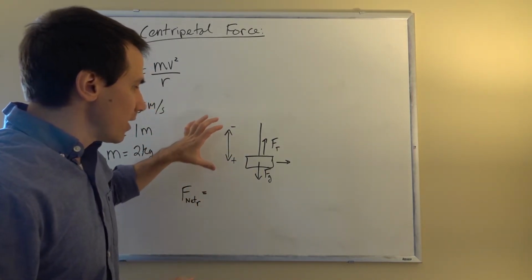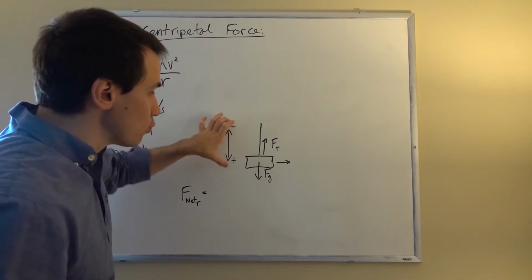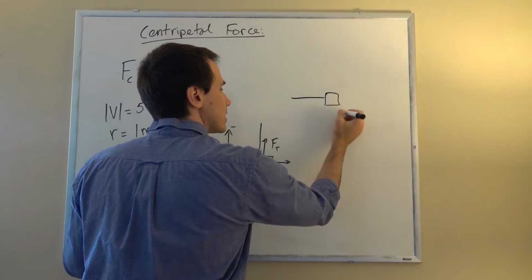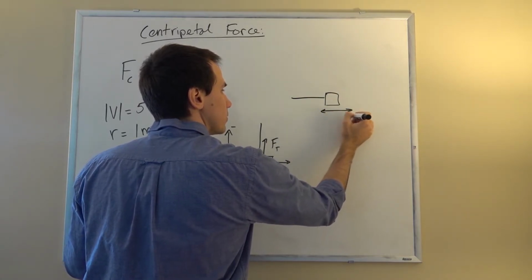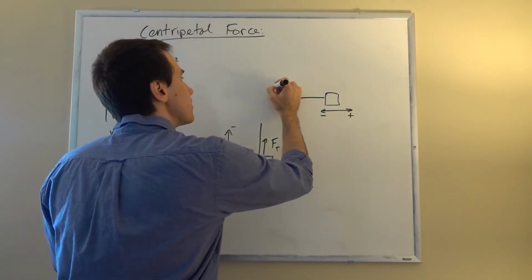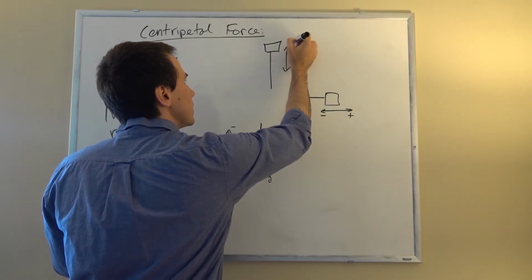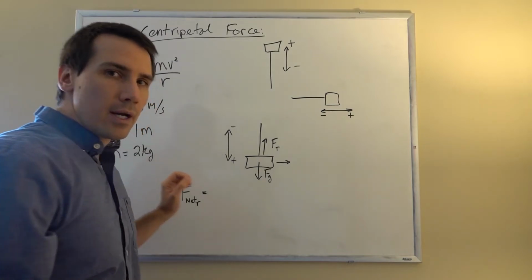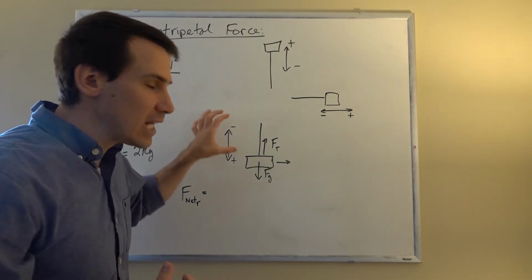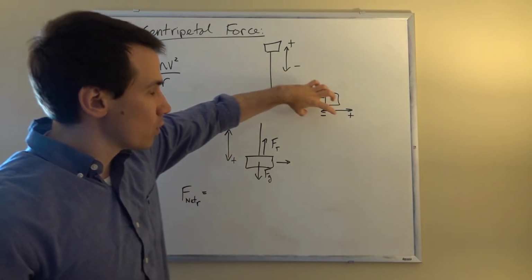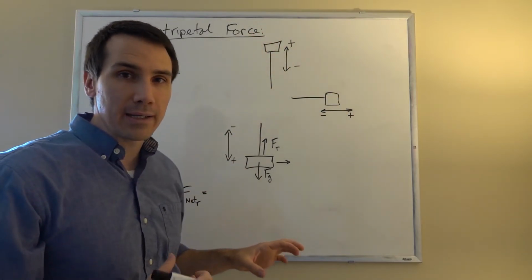A quick note, this coordinate system actually rotates with my object. So if my object were in this position, my coordinate system would be plus, minus, and if my object were in this position, my coordinate system would be plus, minus. I always define radially inward to be negative and radially outward to be positive, and that rotates along with my object.